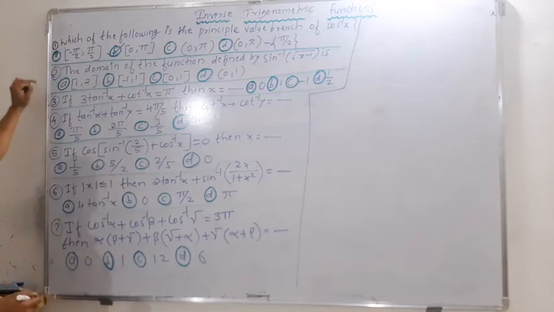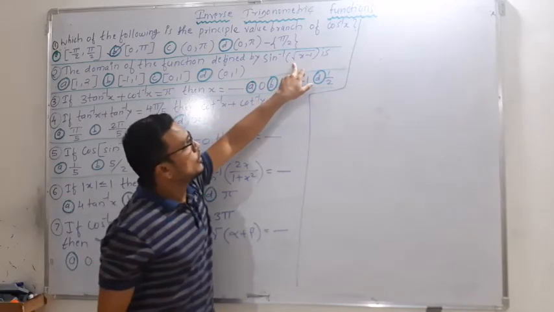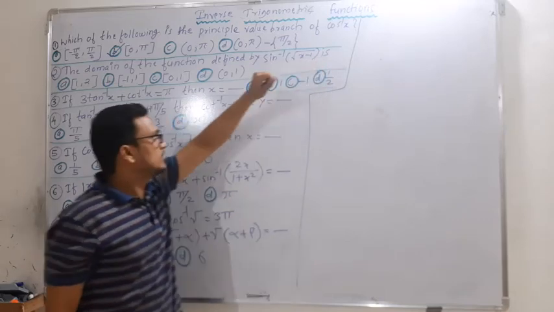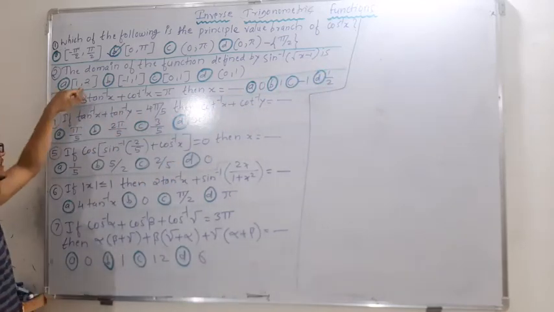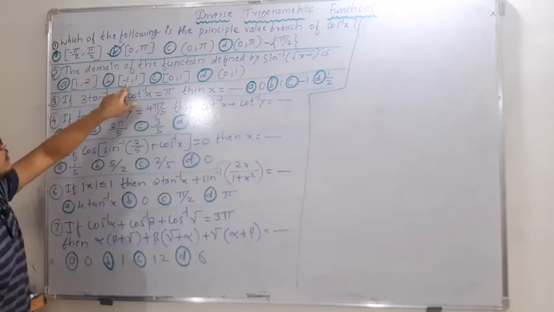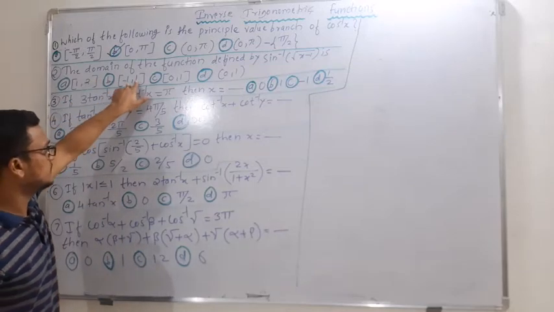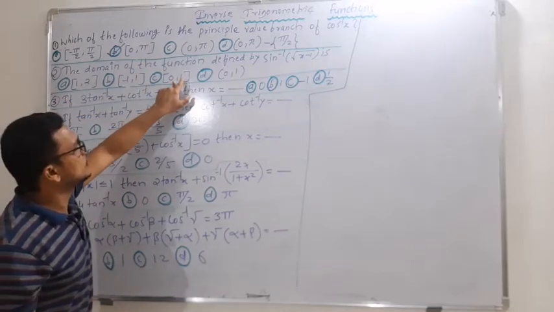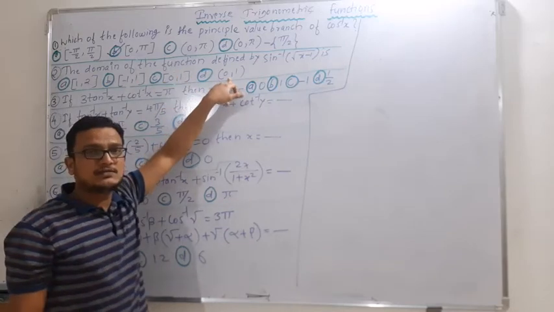Second question: the domain of the function defined by sine inverse of root of x minus 1 is, the options are closed interval 1 2, closed interval minus 1 1, closed interval 0 1, and open interval 0 1.